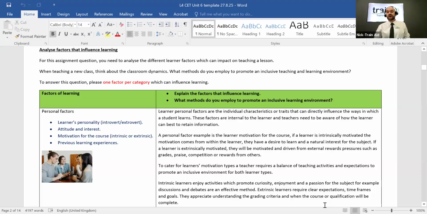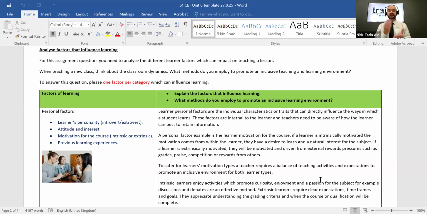When it comes to this, having a balance of activities is key. For intrinsically motivated learners, really good activities are discussions, debates, opportunities for them to be creative, presentations, group work especially. However, you do have some learners who are extrinsically motivated.